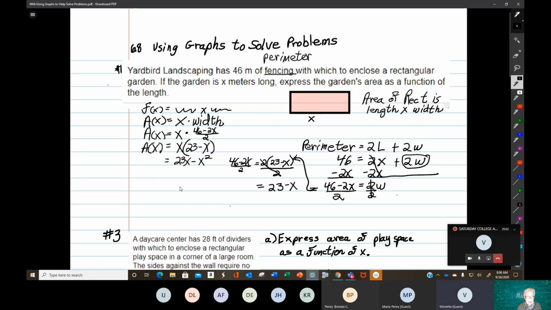Yes, that's true. So A of x for these particular numbers is going to equal 23x minus x squared.